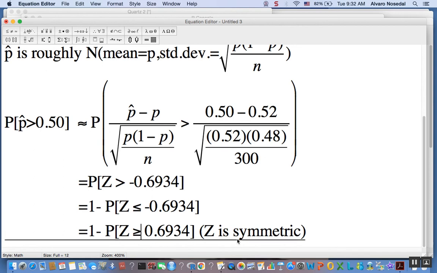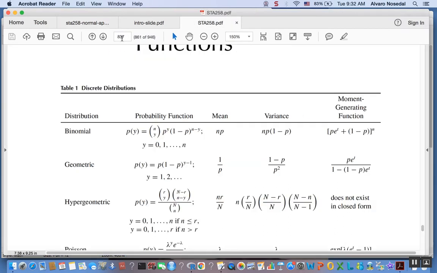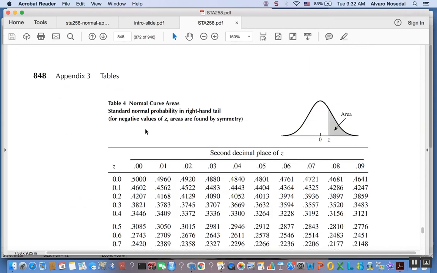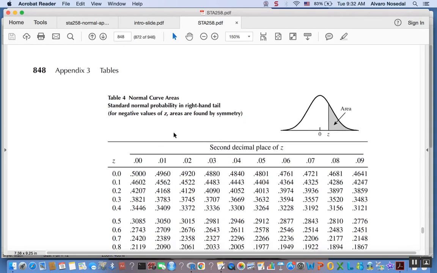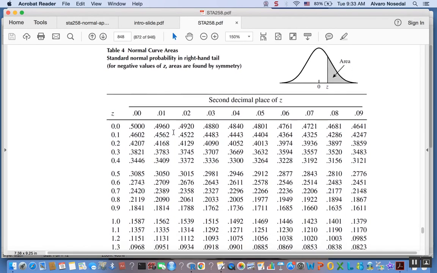We're just using the symmetry. Why am I doing this change? Because I'm going to be using that table from your textbook, right? And that table gives you areas to the right.